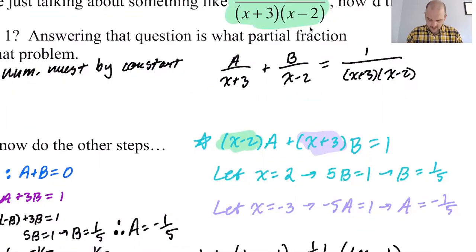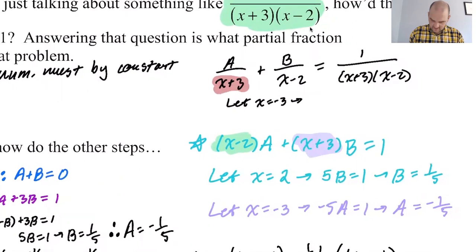Here is how it works. Underneath a is x plus 3. What makes that 0? Negative 3. So I'm going to let x equal negative 3. This will give me the value of a.